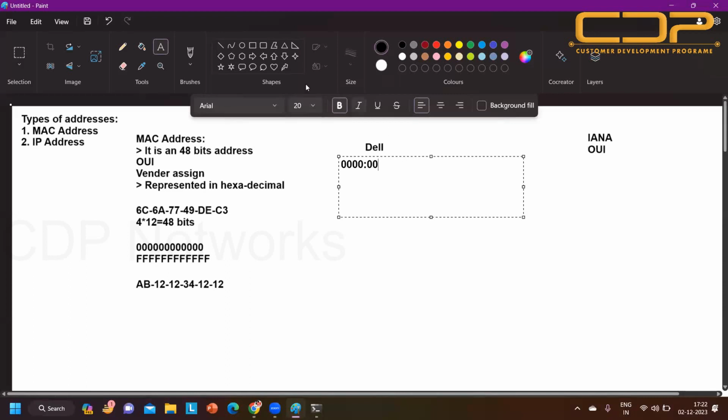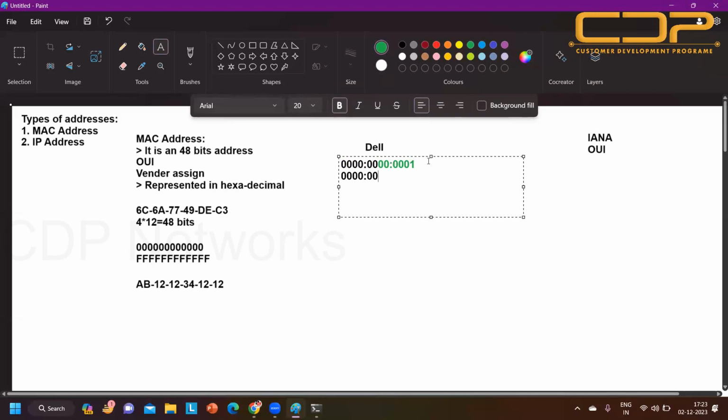So let's say Dell has assigned the last 24 bits, that is 00:00:01. Now this is a complete MAC address, a 48-bit MAC address, and Dell can assign this MAC address to one NIC card. For another NIC card, Dell can design another MAC address with the help of the same OUI.